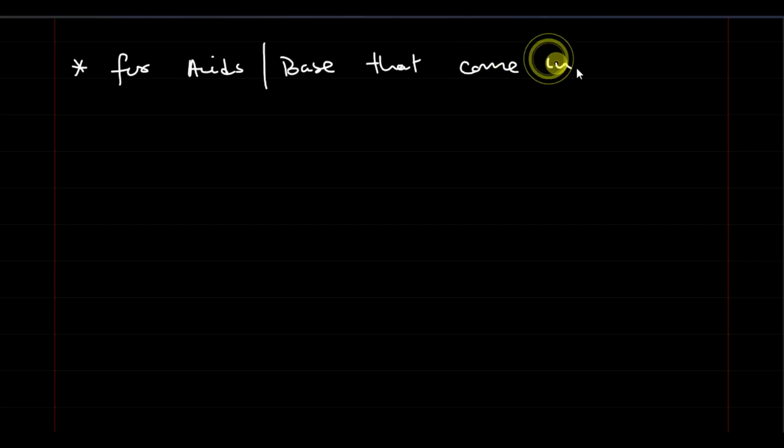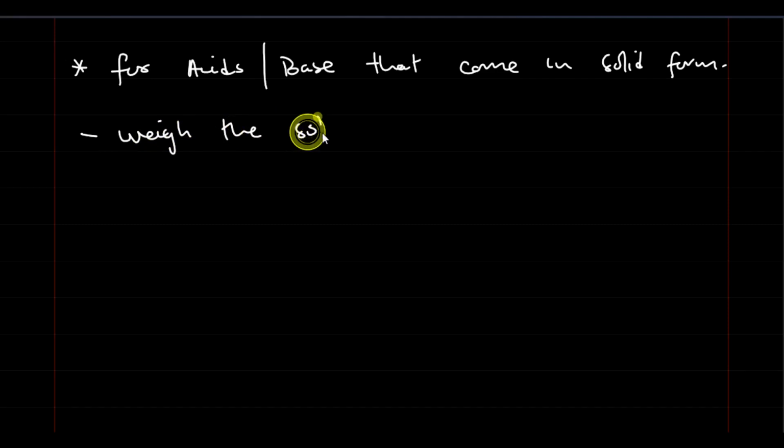But what they do for acids or bases that come in solid form, right? That come in solid form. First of all, we have to weigh the solid. Okay, we have to weigh the solid.